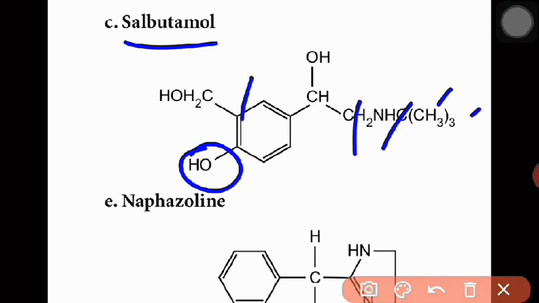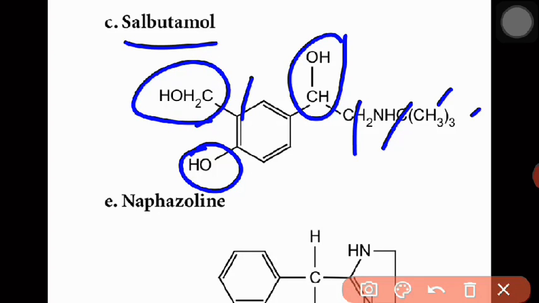Benzene dimethanol. See, this has a methanol group. This is the first position, and this is the third position, and this is the fifth position.